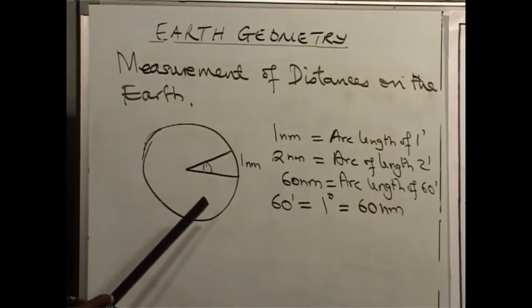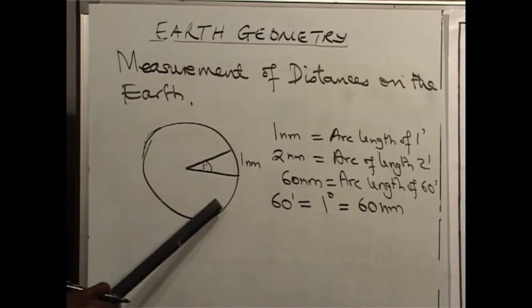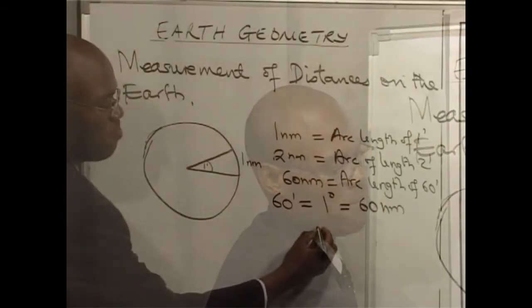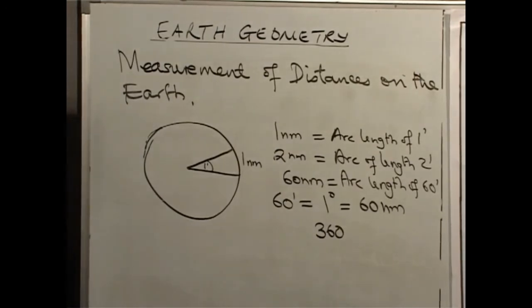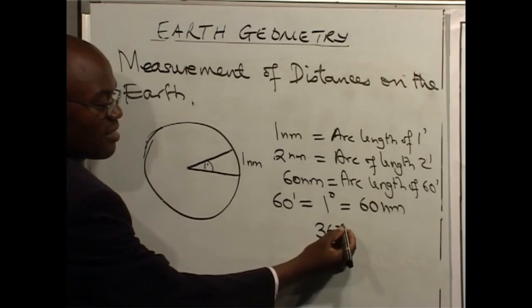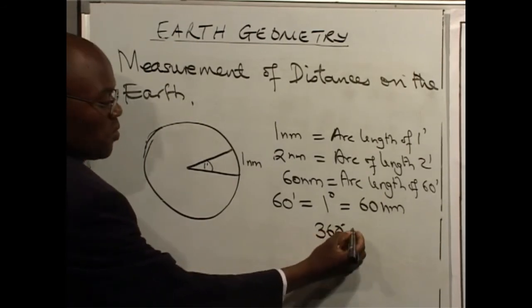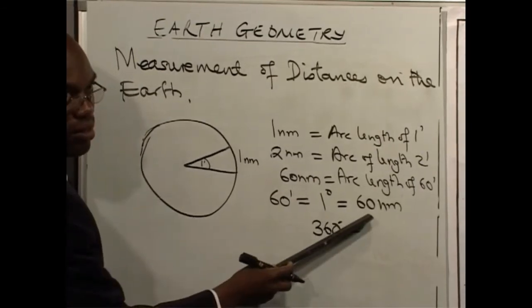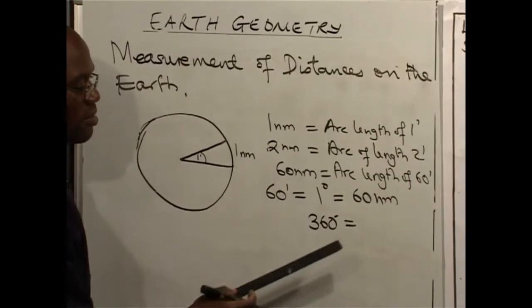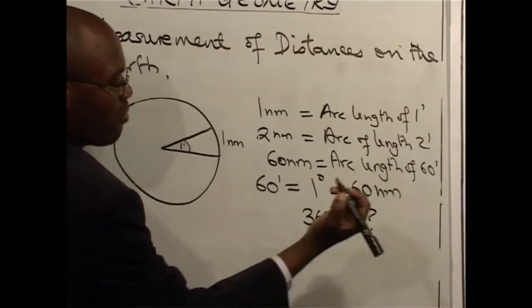So we can find the circumference of the Earth in terms of nautical miles, where we say that the Earth, being a complete sphere and two-dimensionally as a circle, is equal to 360 degrees. So in terms of the nautical miles, or length in terms of the nautical miles, we can now calculate.